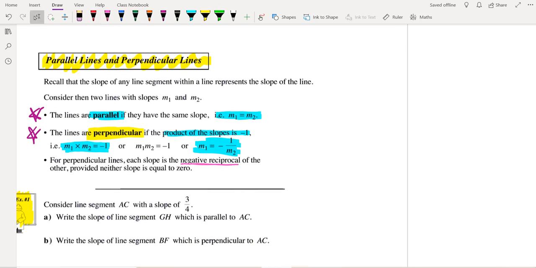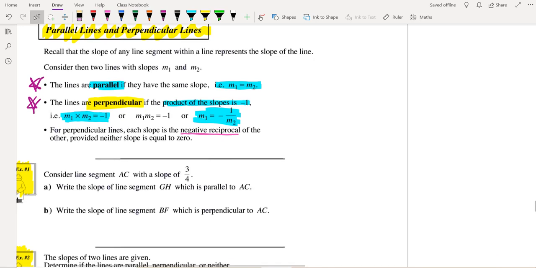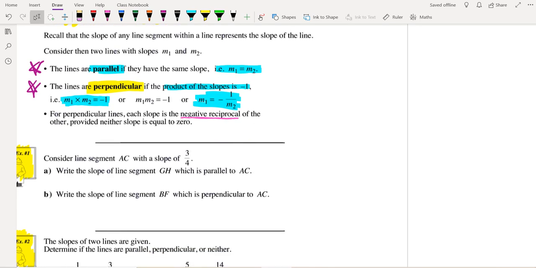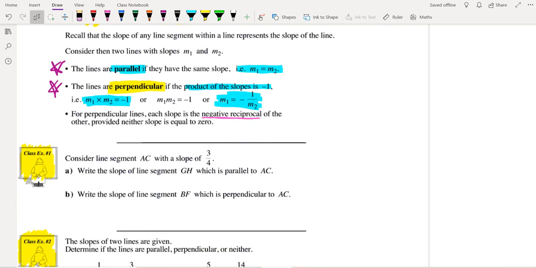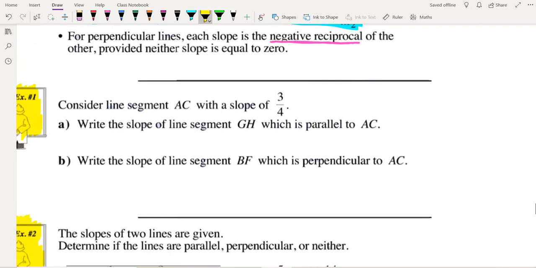Let's go down to example 1 here. It says consider a line AC that has a slope of 3/4. Write the slope of another line, GH, which is parallel to this one.